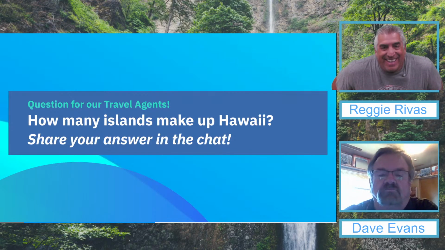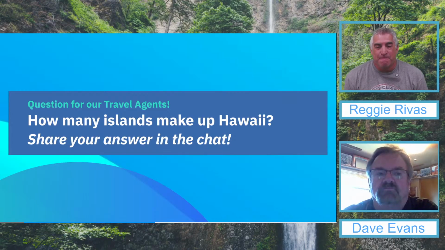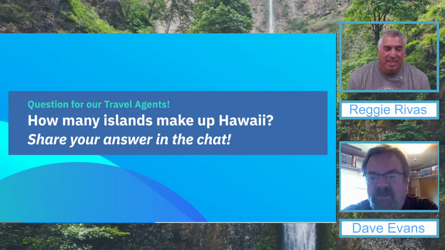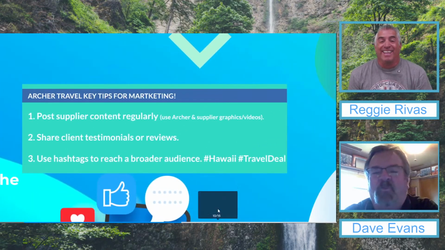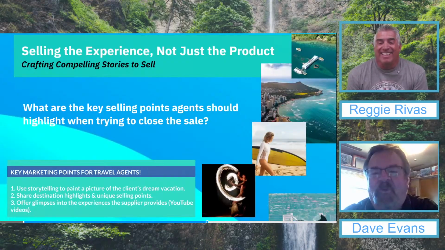Okay, so the actual answer is there are 137 islands, but there are 8 major islands. Now the next question would be, of those 8 major islands, how many islands does Expedia TAAP provide hotel and attractions on? Oh, I like it. Good question. I like it too.